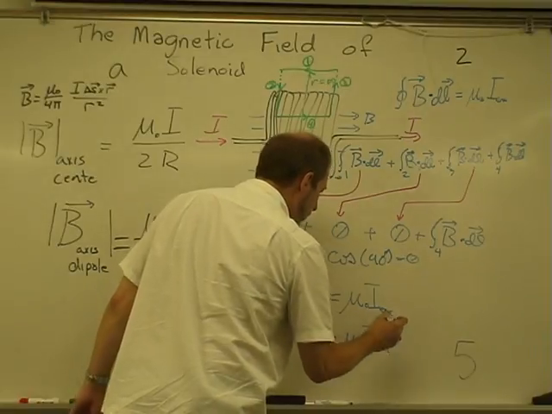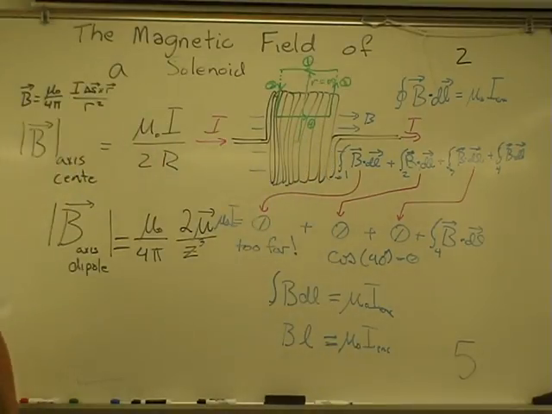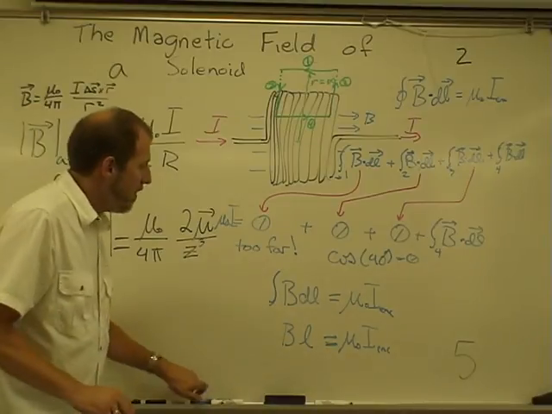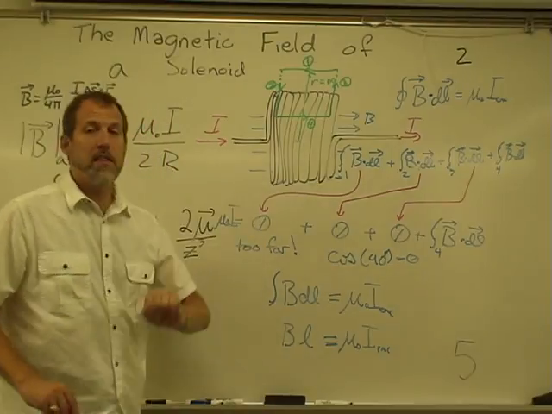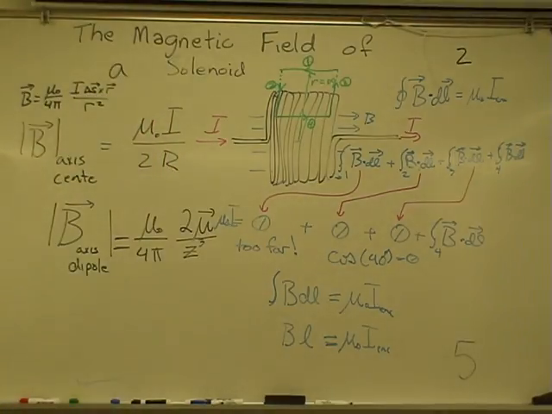Now, I have something here that looks like it should be a problem. This result depends upon L, the length of that path. But the length of that path is arbitrary. It's made up. If it actually becomes important in the answer, we're kind of stuck.